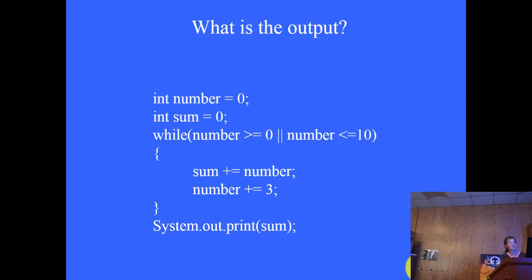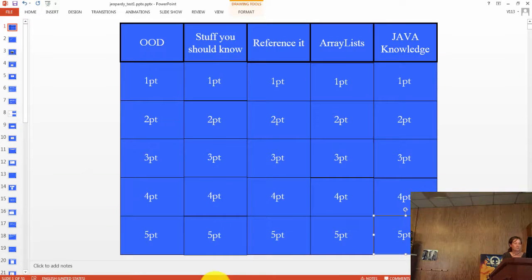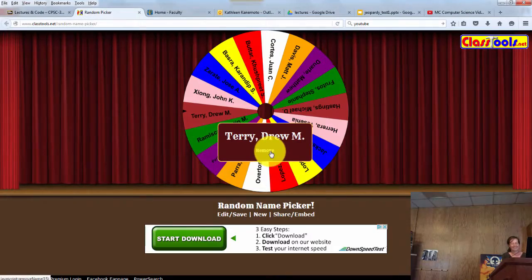The or should probably be an and or something, and then it would fail eventually. The or statement makes it true for everything. It's an infinite loop. That's why that one's a 5-pointer.